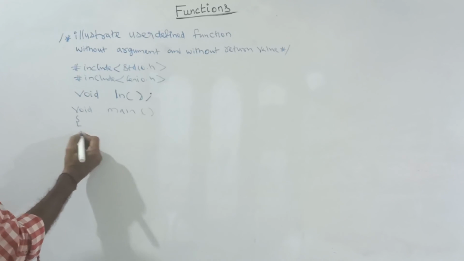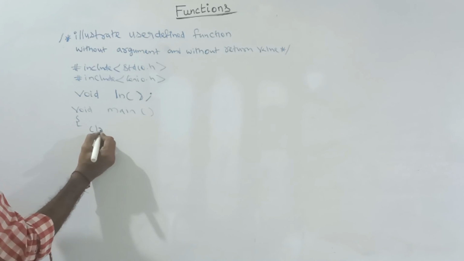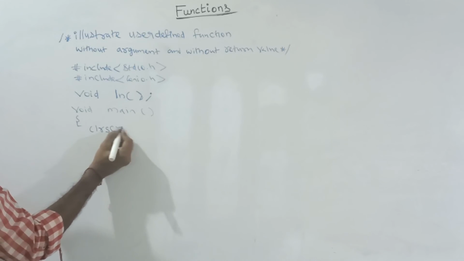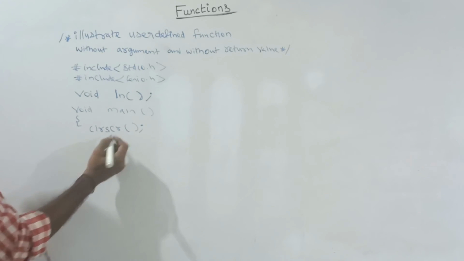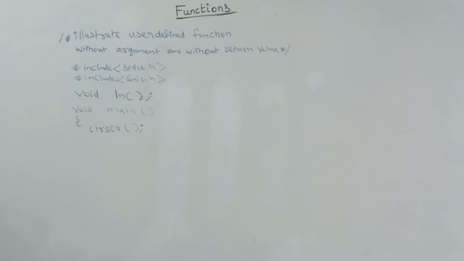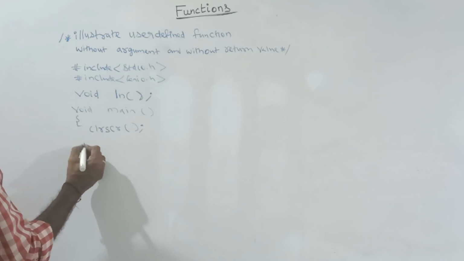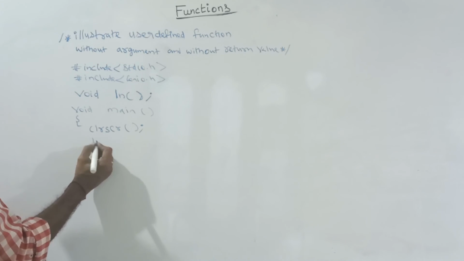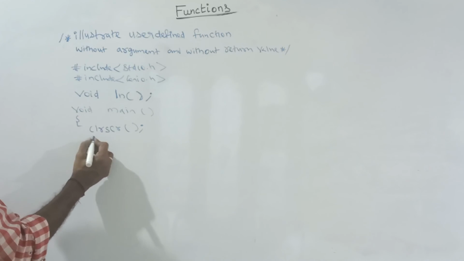Here clrscr, this function is used to clear the screen. After that, very first I am telling it to print the line. My function name is ln.